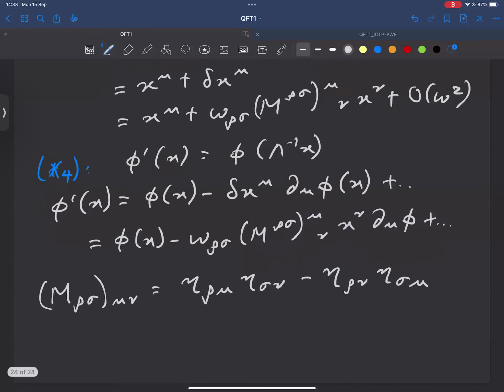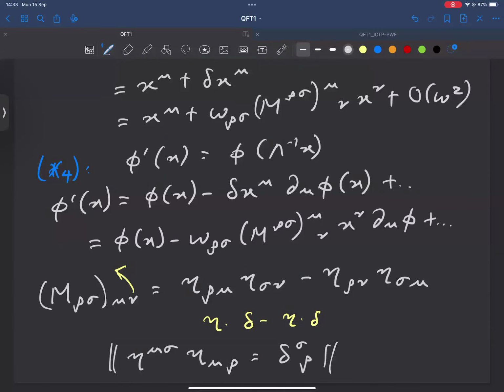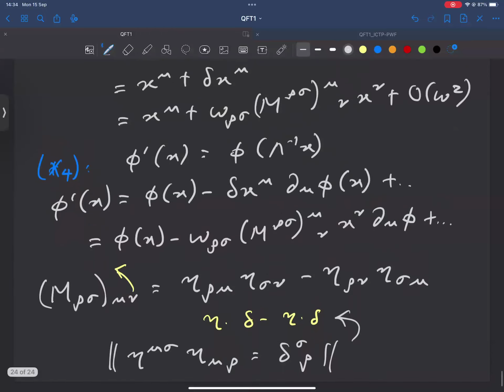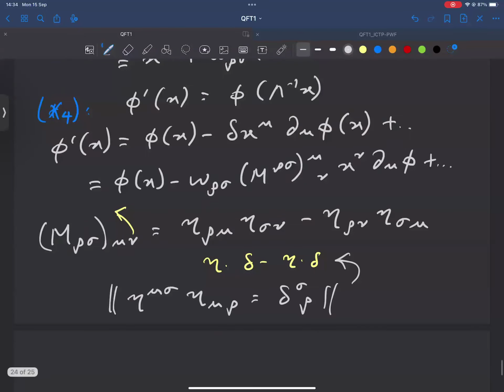And this is exactly the same expression which I had written in terms of delta previously. But that included raising one of the indices. So if you raise one of the indices, you get deltas, okay? And that's because of this relation. So you can raise and lower indices and write it in this way.